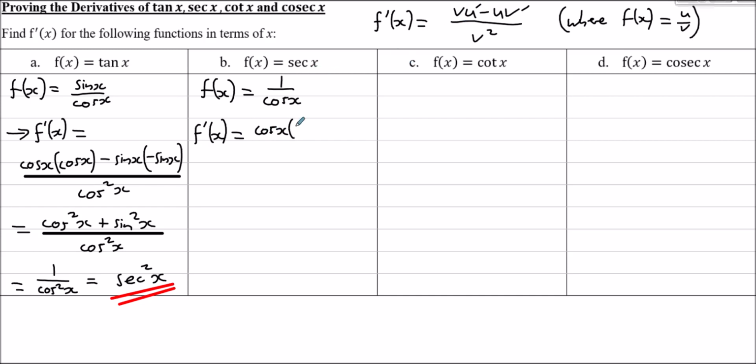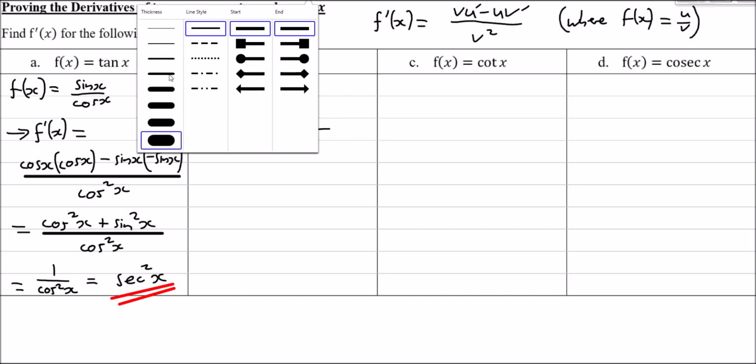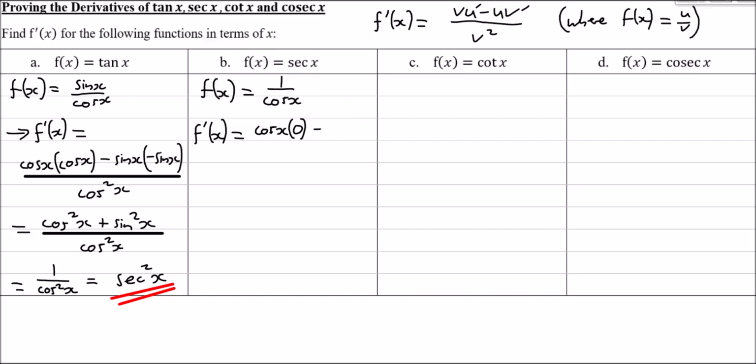If I differentiate 1, I get 0, minus u, the top function, which is the 1, multiplied by the derivative of the bottom. So u is 1, cos differentiates to minus sine. And all of that's going to be divided by v squared, which in our case is cos x all squared. So cos squared x.